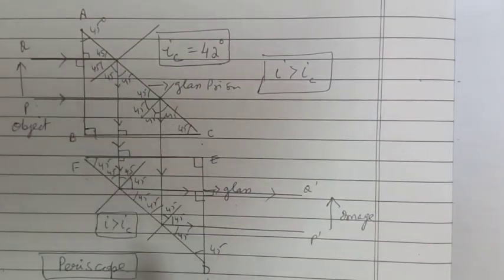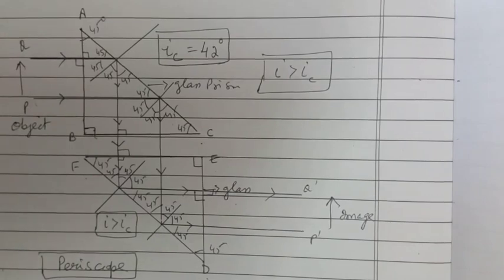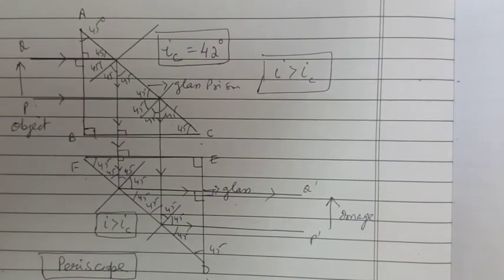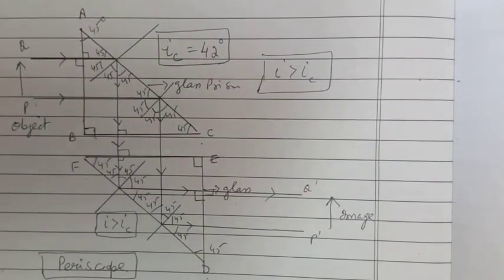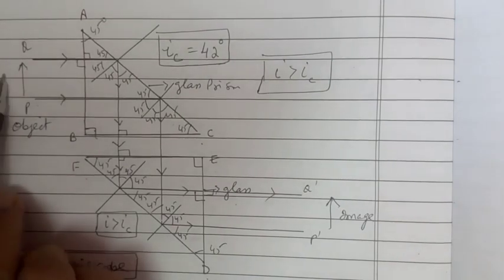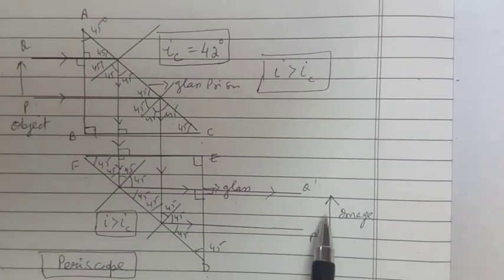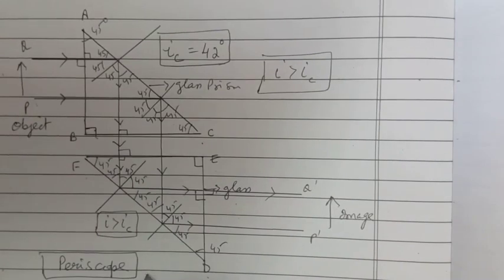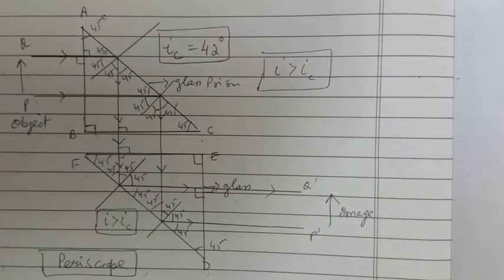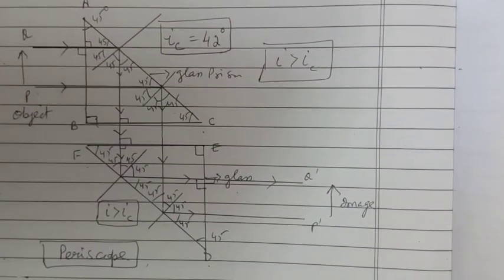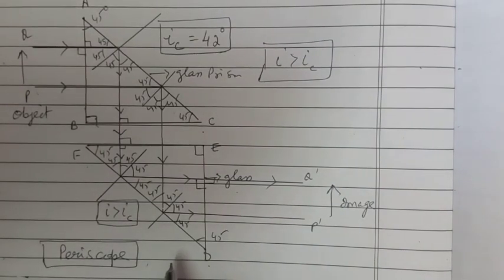Two prisms. How are two prisms arranged inside a periscope? So this is how you have to show. The object is over here and the image is seen a bit down. That's how a periscope works. A similar situation is also used in cameras.